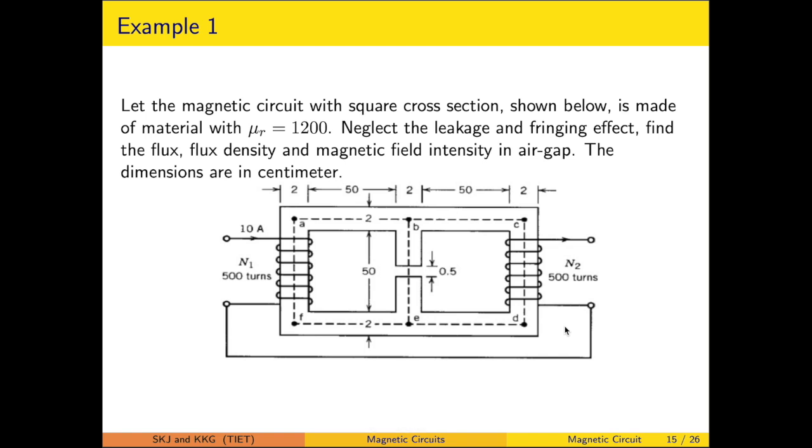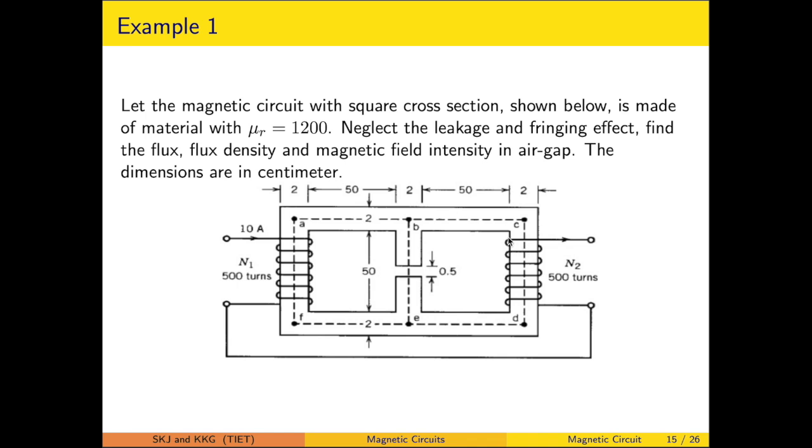Now, the example we are considering in these magnetic circuits: this is one source of MMF, and this is another source of MMF, because they are carrying the same current of 10 ampere. This is the central limb.